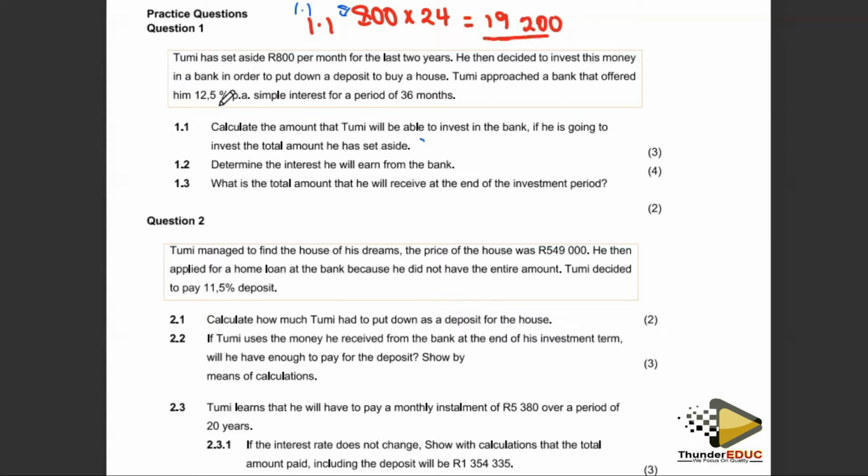Since it's simple interest, when we are looking at 1.2, we shall take the 12.5% times the 19,200. This is the interest for only 1 year.